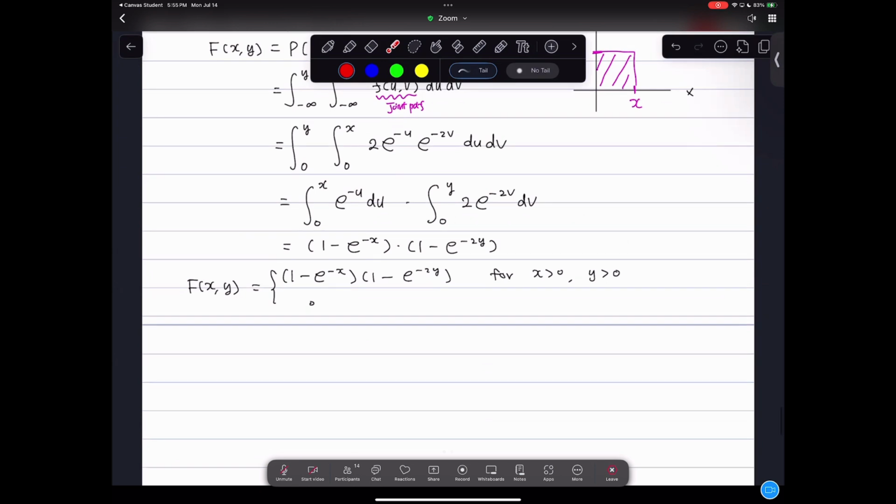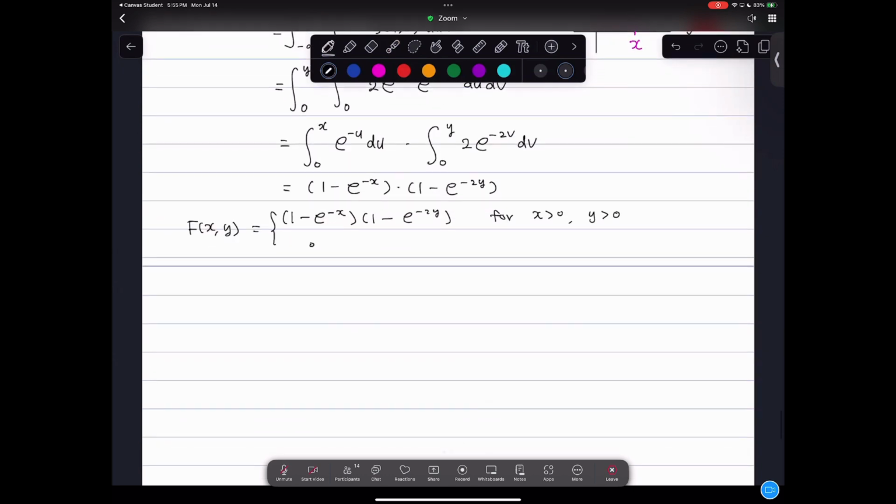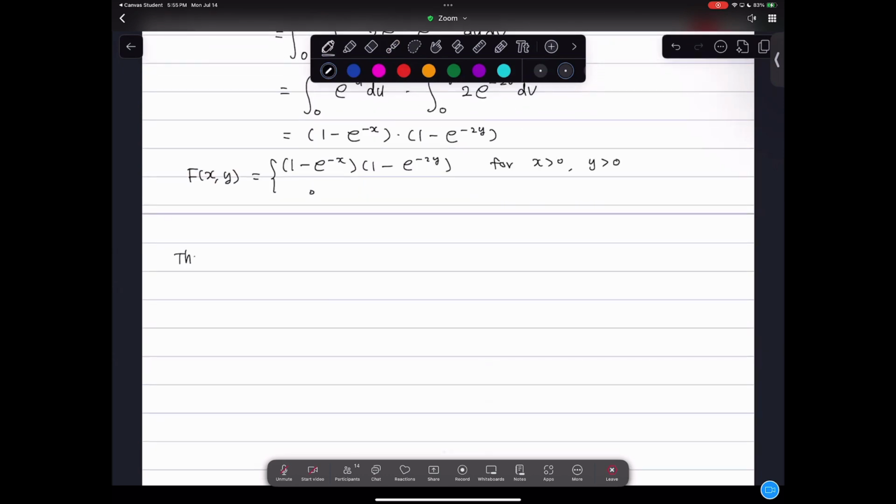All right, so now let's get to the theorem, which is 3.4.5.